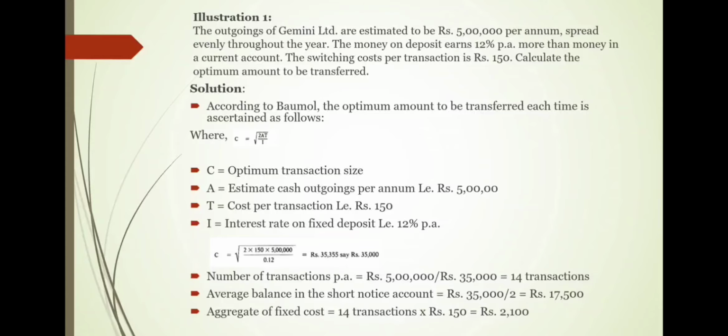The estimated cash outgoings per annum, that is rupees 5 lakhs, is to be divided by the optimum transaction size, which we have got as rupees 35 lakhs. The amount is 14 transactions, and the average balance in the short notice account is rupees 35,000 divided by 2, which comes to rupees 17,500.